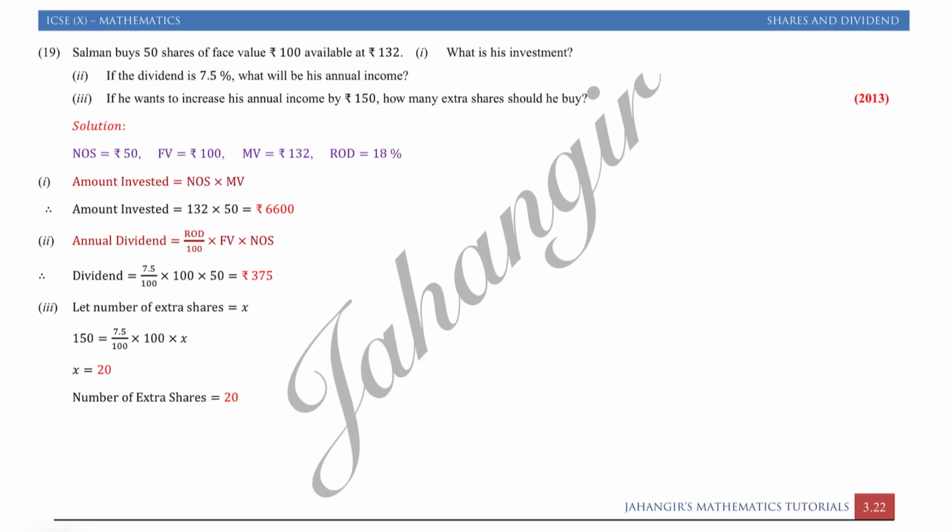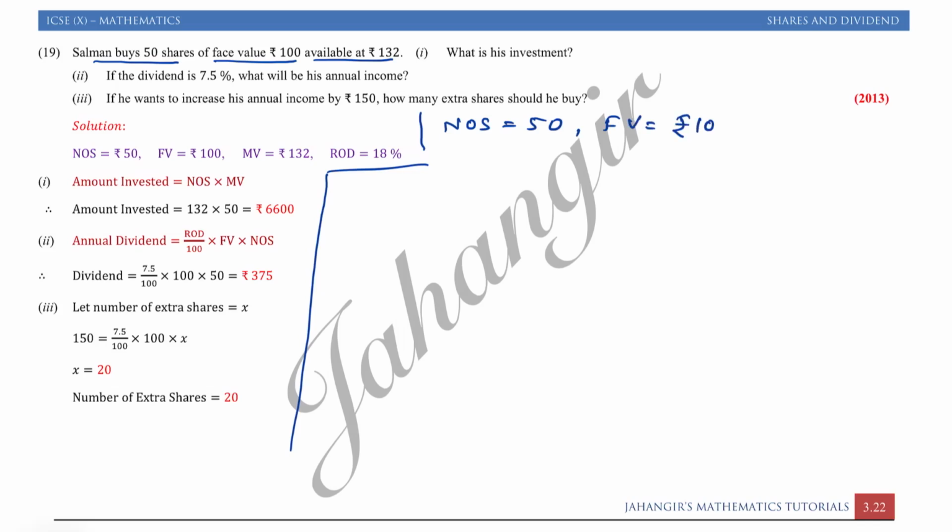Question number 19. Salman buys 50 shares of face value rupees 100 available at 132. What is its investment? So first, number of shares is 50 whose face value is rupees 100, available at market value rupees 132. In the first case, we have to find investment.